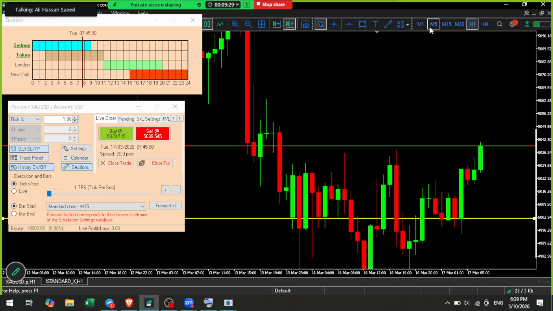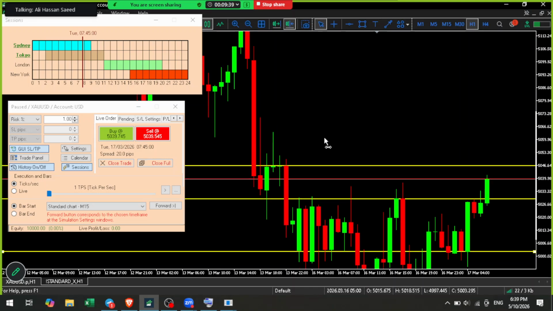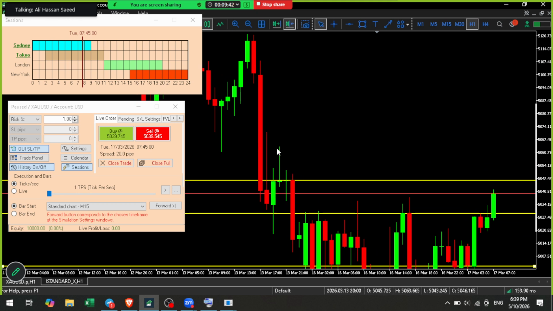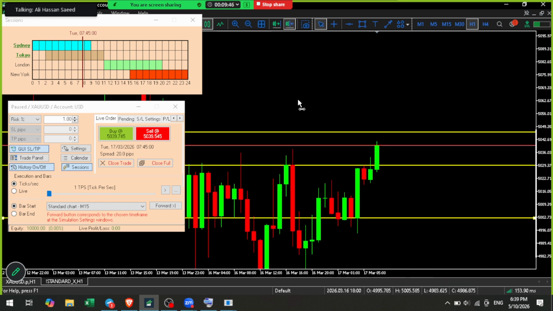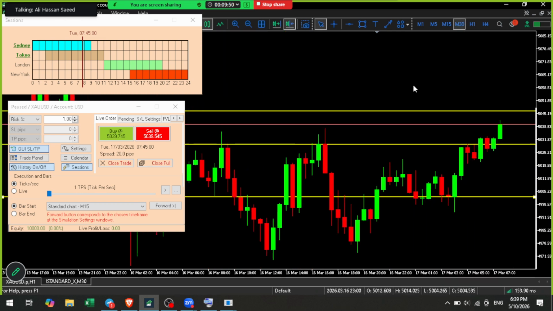We saw that there was this resistance, and now price is here. The most recent resistance would be here, and then we have a clean range. We can fill these wicks, and after that we have a clean range till here. So let's see if we get anything worth a while.